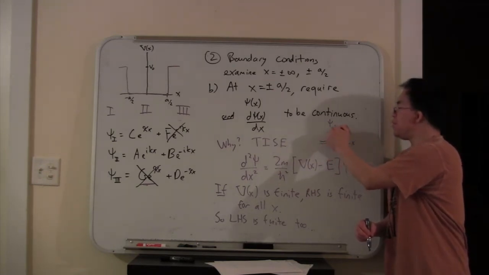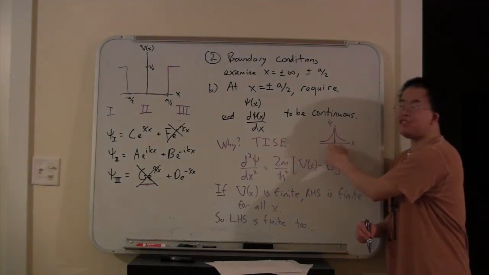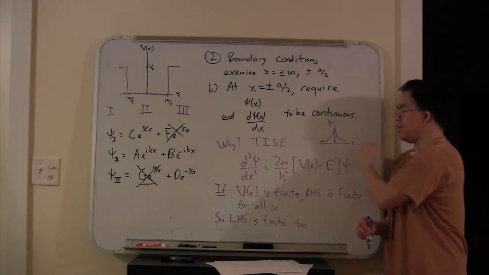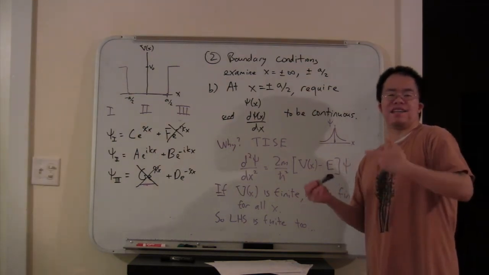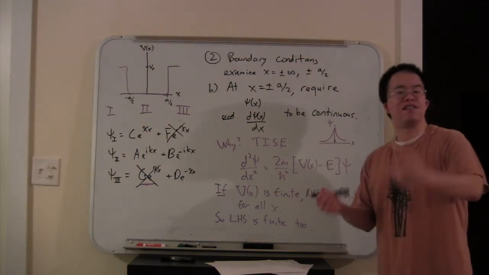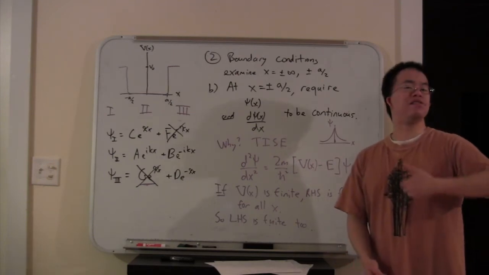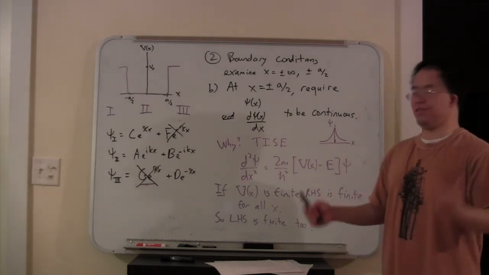The first derivative is some positive number here for x less than 0, and some negative number for x greater than 0. But then if I try to differentiate that again, having a discontinuous first derivative means that my second derivative is also going to be ill-defined.